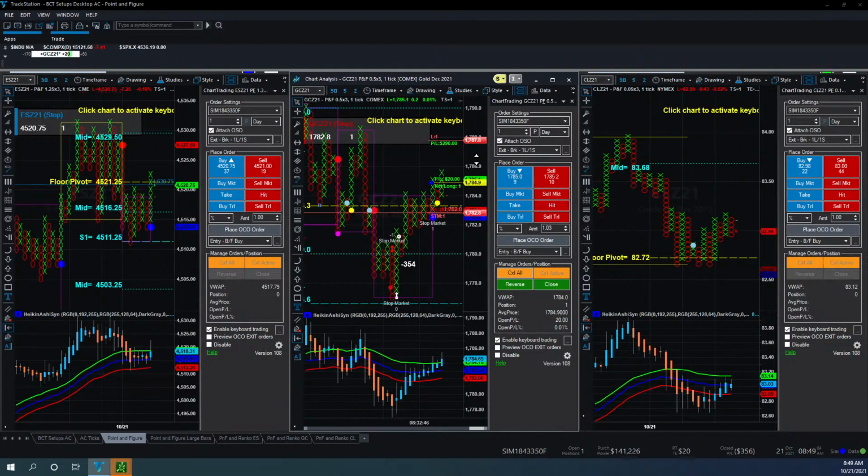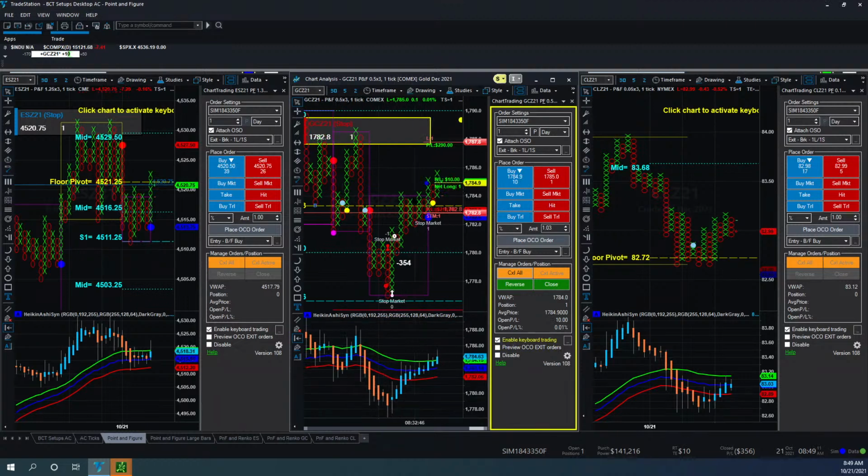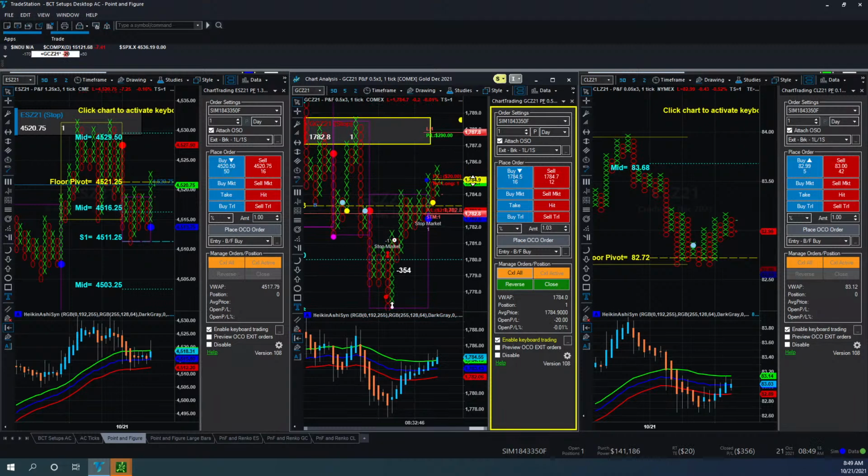That would be resistance at the 30 minutes. Let's see if it does go there. And if it doesn't, it doesn't. It's reversing, going back down.